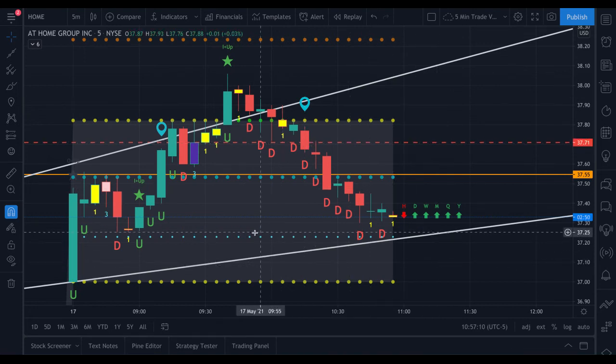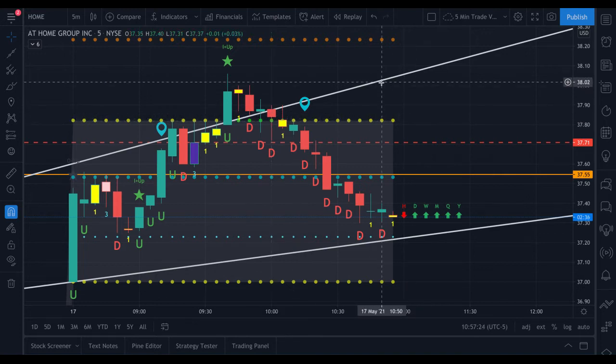The one thing to look at here is, I use these ranges for the lowest price point reached in the first 60 minutes and the highest price point reached in the first 60 minutes to act as kind of my support and resistance. But I also draw broadening formations. You can draw broadening formations from any high point to higher point, or any low point to lower point, on a higher time frame than what you're looking at.